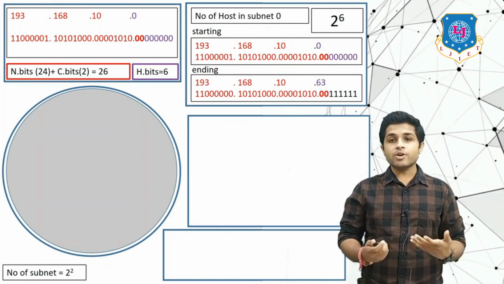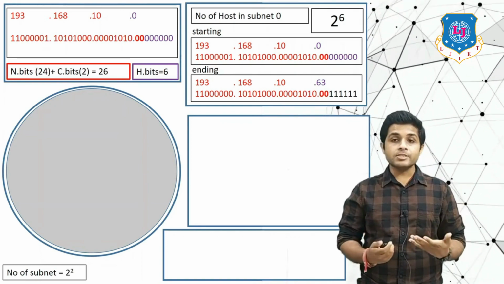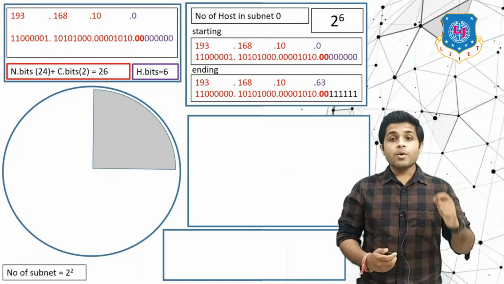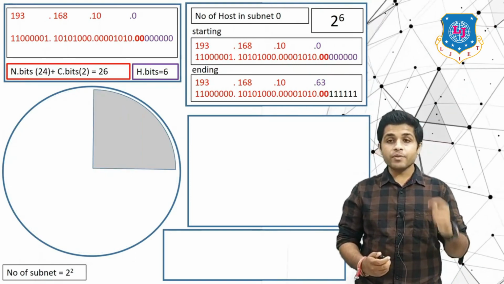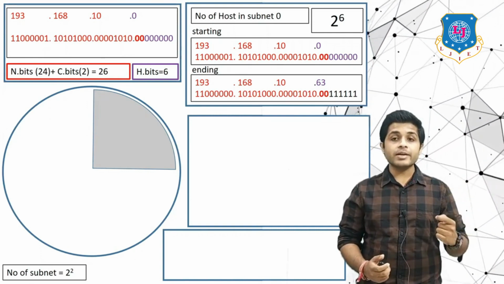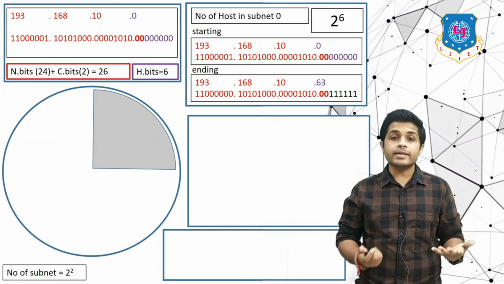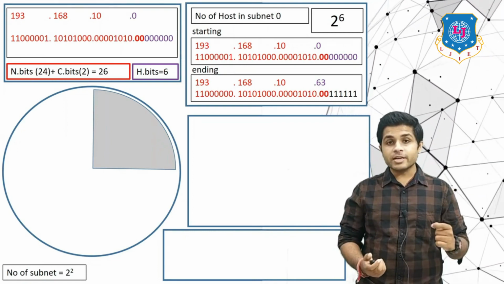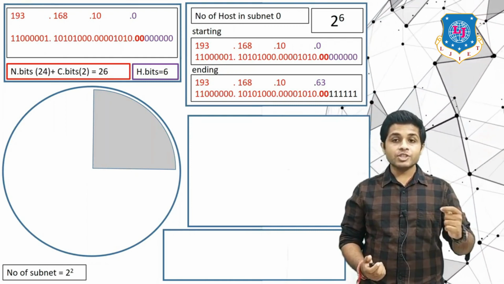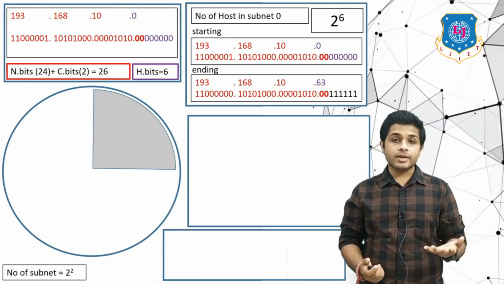Now let's allocate the IP addresses to the devices in subnet 0. One more thing you have to remember: in any subnet, the first and the last address will not be allocated to any device, because the first address represents the subnet address and the last address represents the broadcast address.